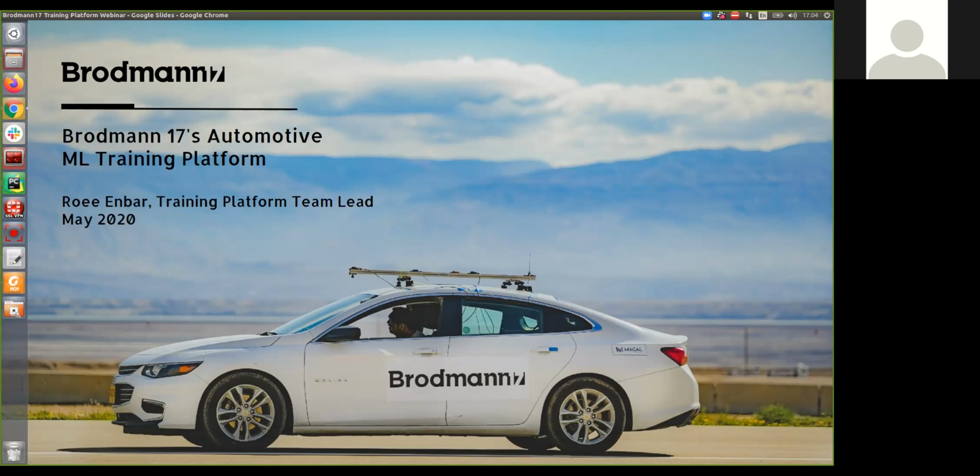So we started looking around for available solutions that would help us conduct our research and make our products the best they can be. And we came to the conclusion that our needs as an automotive deep learning software supplier were unmet by any of the available products. So today I'd like to talk to you about building and managing machine learning software.